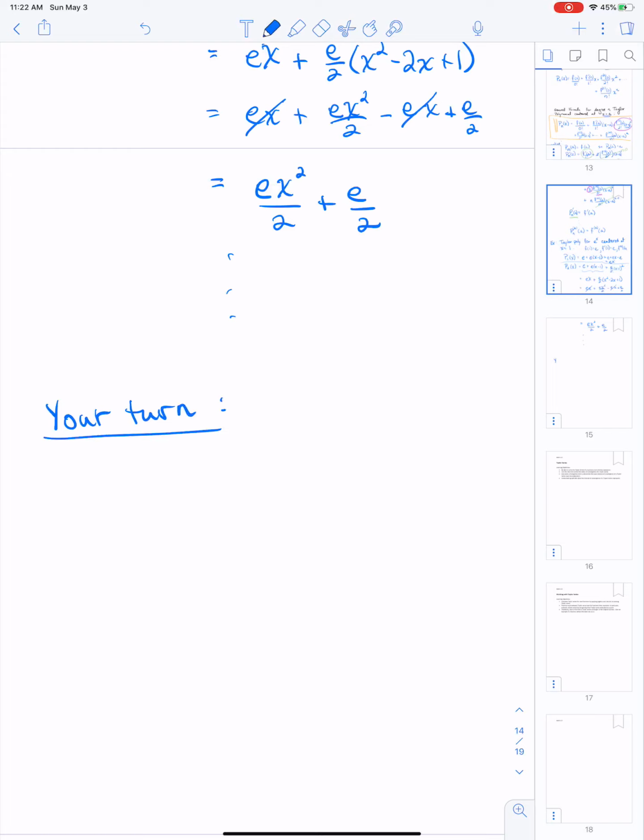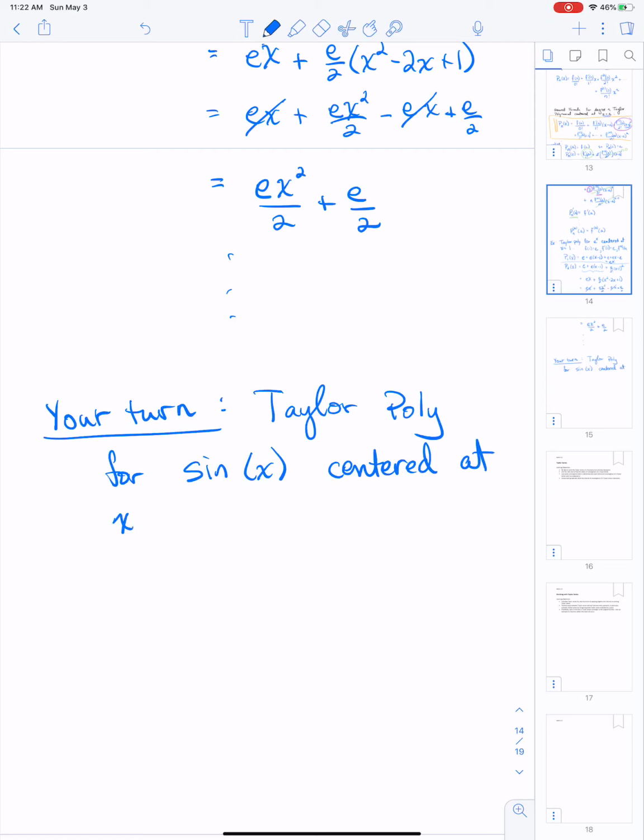Go ahead and compute the Taylor polynomial for sine of x centered at x equals pi over 2.